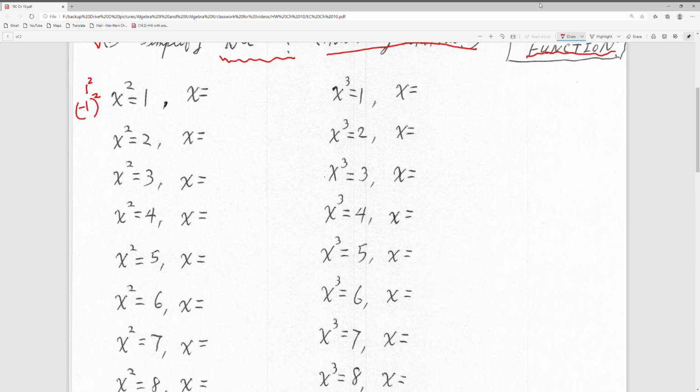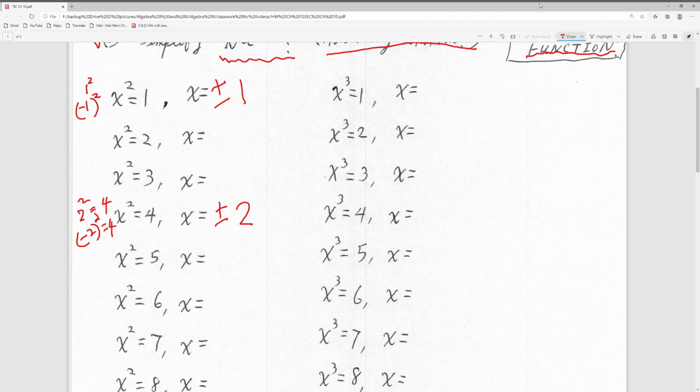But from the example, we can guess: this is positive, negative 1. And we are going to skip these two for now. Whenever we are able to guess the answer, then we guess positive, negative 2, because 2 squared is 4 and negative 2 squared is also 4.